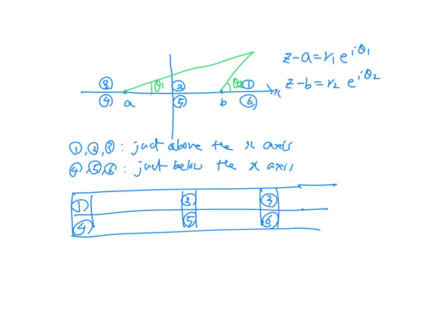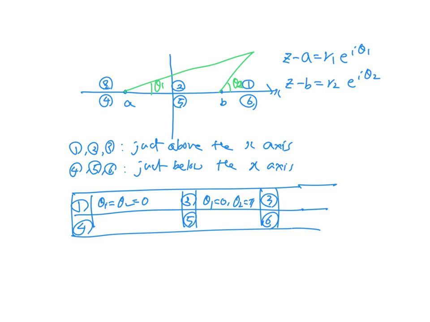Then the angle from B is 0, right? And here theta 1, theta 2 is 0. How about here, at this point? Theta 1 is 0, but theta 2 is pi. Theta 1 is 0, theta 2 is pi, because the angle here, if you take a look from here, then you have to go pi, right?